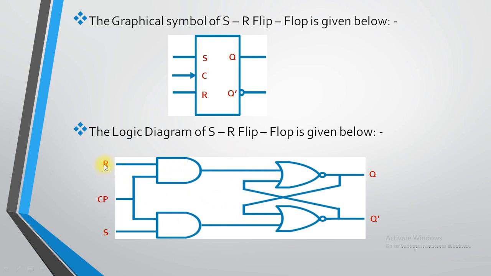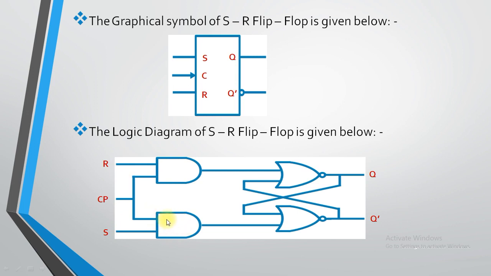Number one, instead of R and S, we need to declare only a single variable, that is variable D. After that, you apply the inverter in the first AND gate and pass the simple value in the second AND gate.